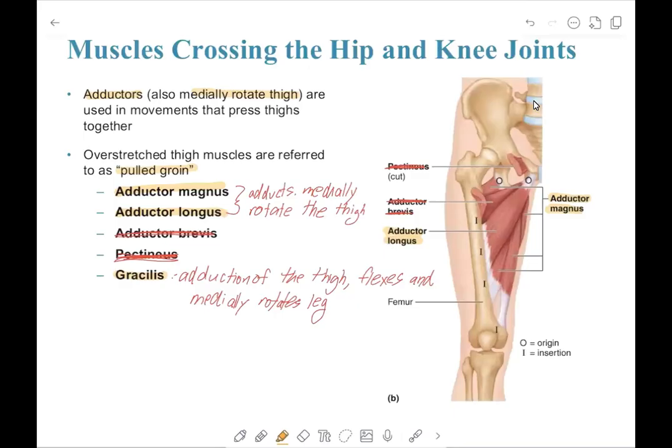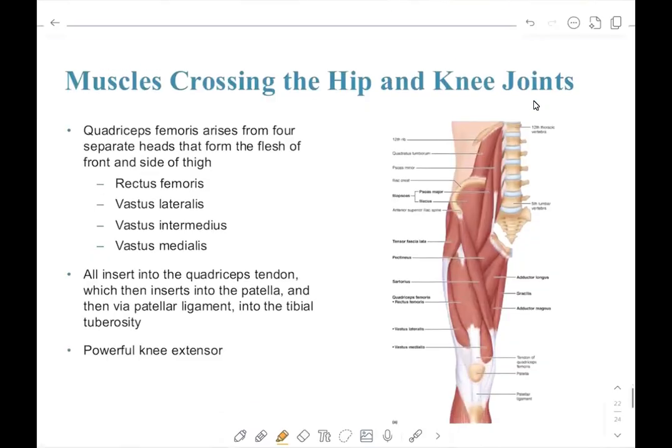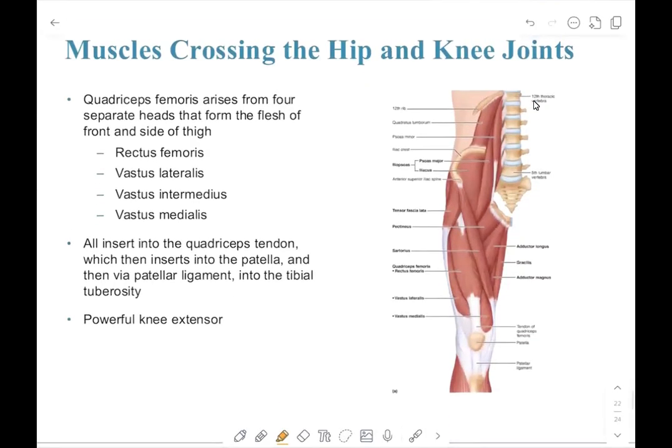Looking at the anterior side, we have the large quadriceps femoris. Remember, it's named quadriceps because it has 4 origins. So that's one of the characteristics used to name them. It's Rex and his 3 vastus sisters, which we've already talked about.